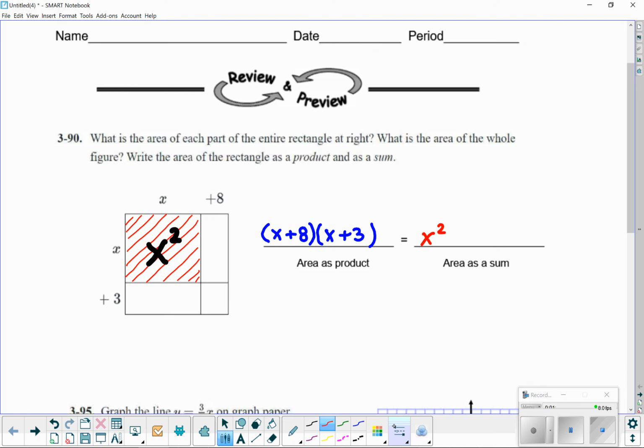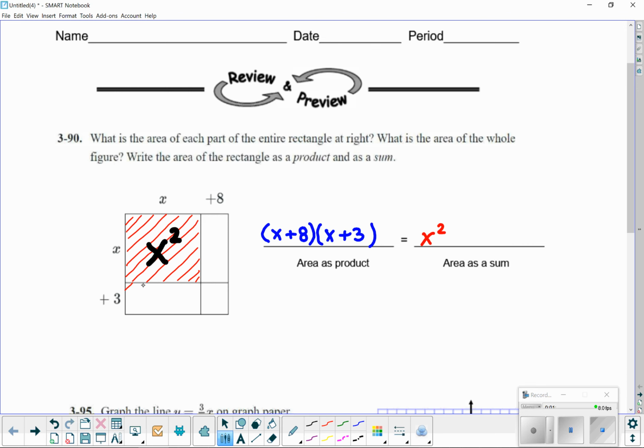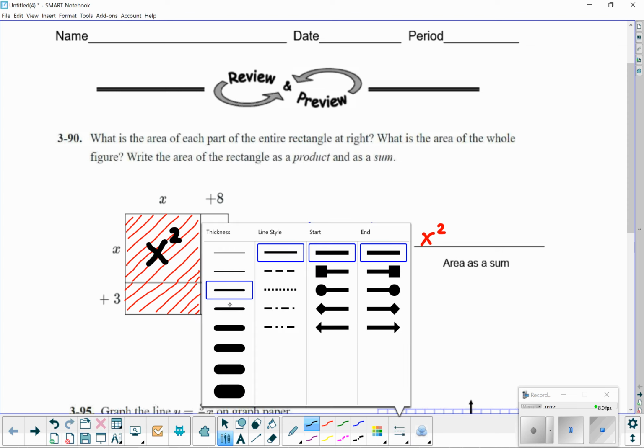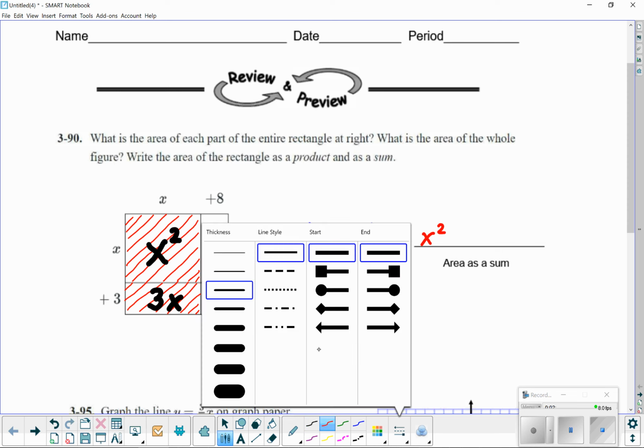Okay, the next part, let's go with this right here. The area there is going to be 3 times x, which comes out to be 3x. I'm going to hold off on that, and you'll see why in just a second.